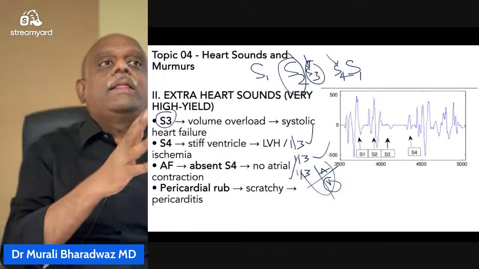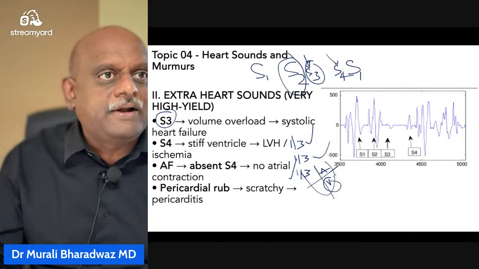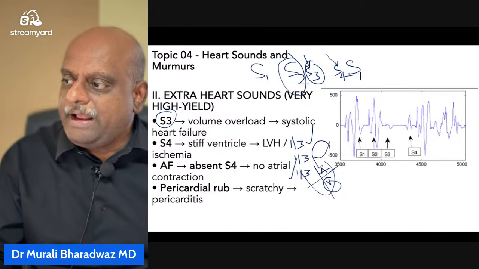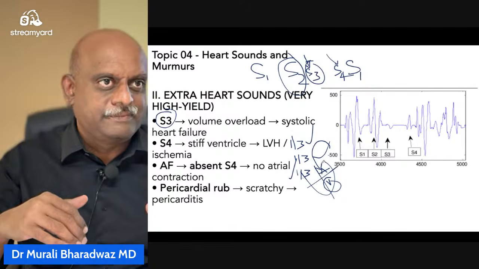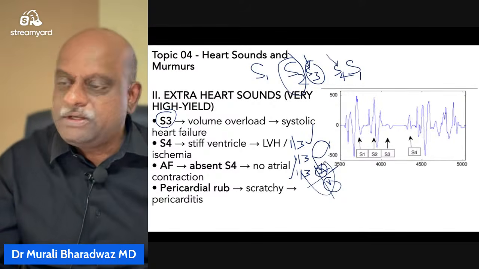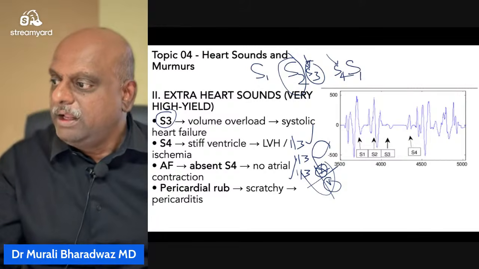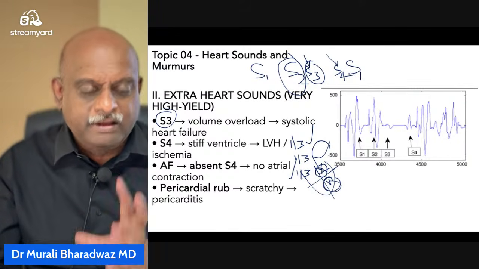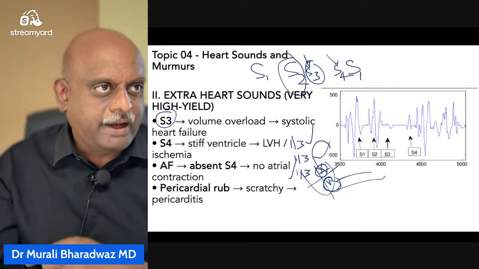Clear? Now what is the reason why the first 1/3 of filling occurs from atria to ventricle? First atria got filled from great veins. So its pressure slowly started building. That time what is the ventricle doing when the atria is getting filled? Ventricle is pumping the blood into aorta.